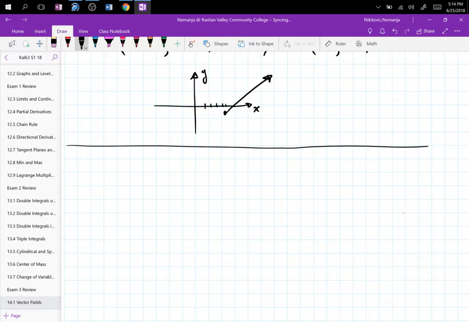So let's take a look at these ones that they give us in the textbook so we can draw the pictures and understand what they are. So here's the first one. It says 0, comma x. You see this one has 0 always for the first component. So this field is not moving in the x direction at all. Right? It only has a y component to it.